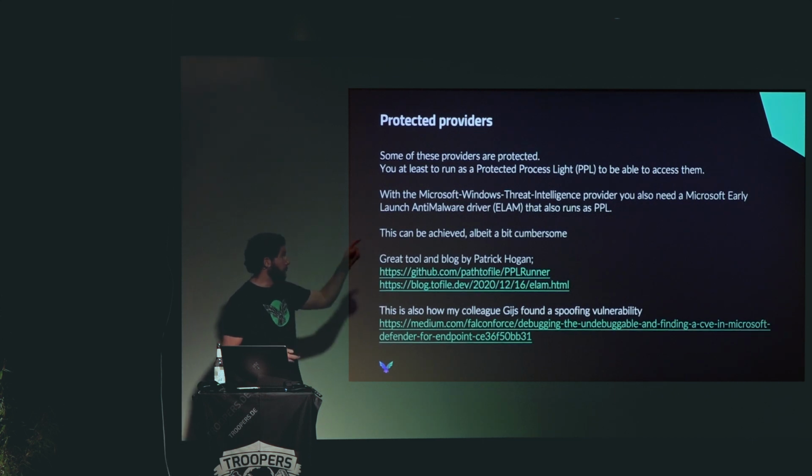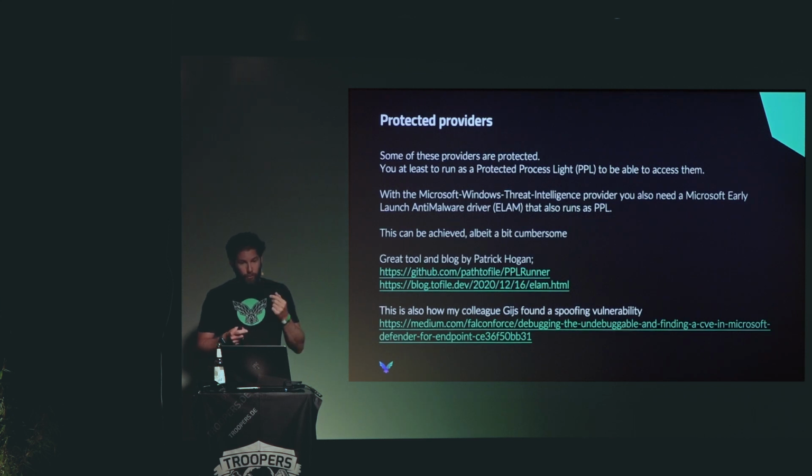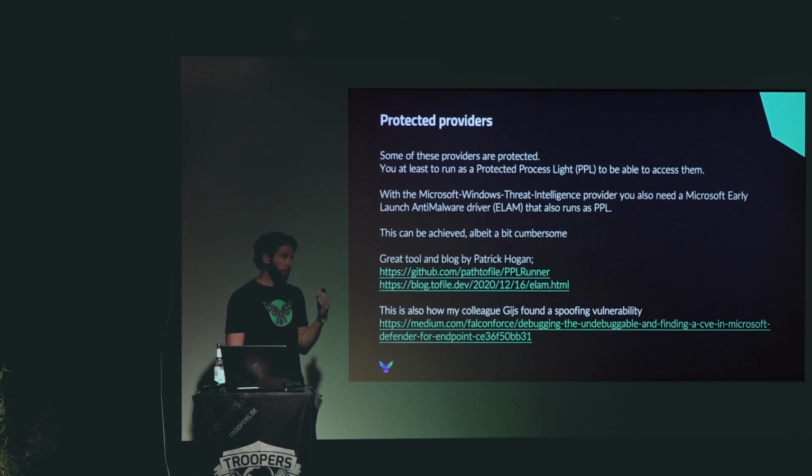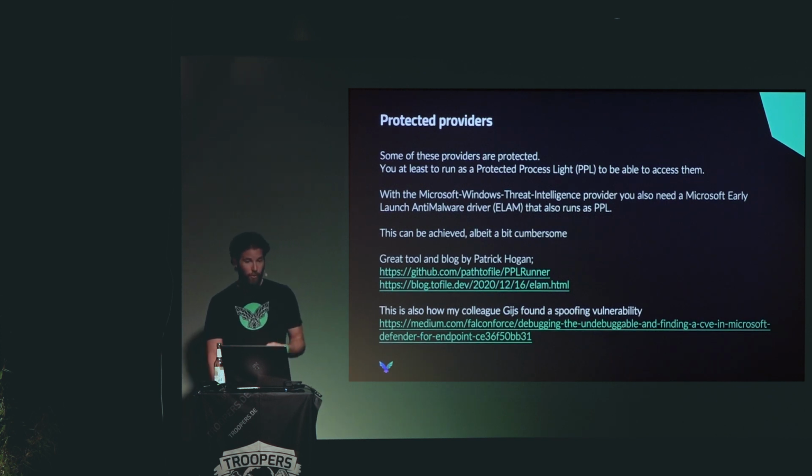And the primary one is the Windows Threat Intelligence one. This is primarily exposed for Microsoft-authorized AV vendors that can actually utilize that one. You can, with a couple of tools, get there anyway, but you need to fiddle a little bit.